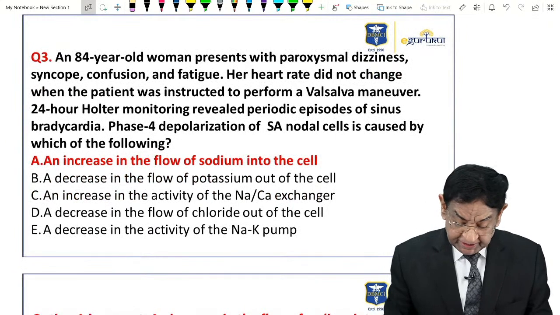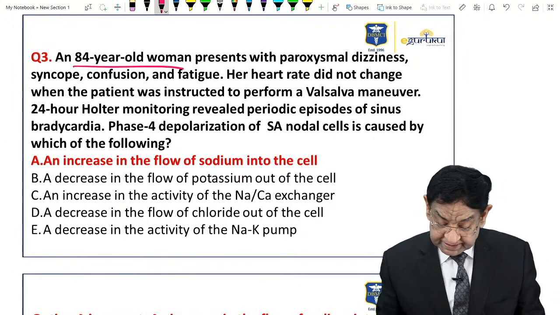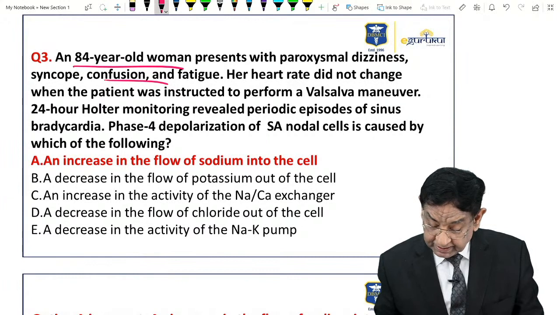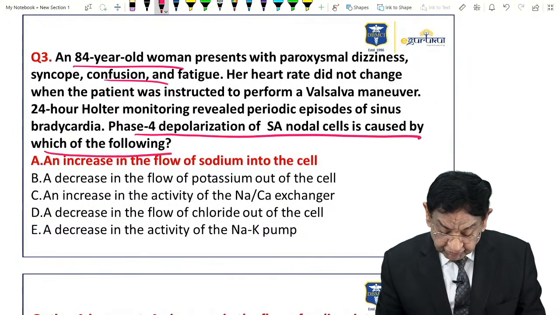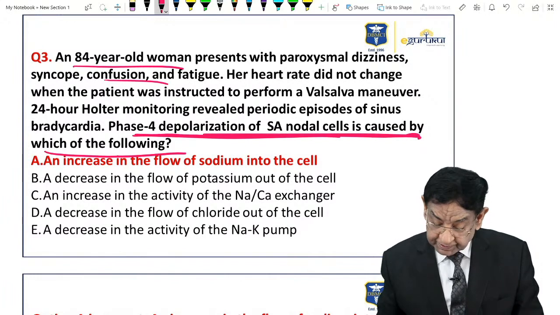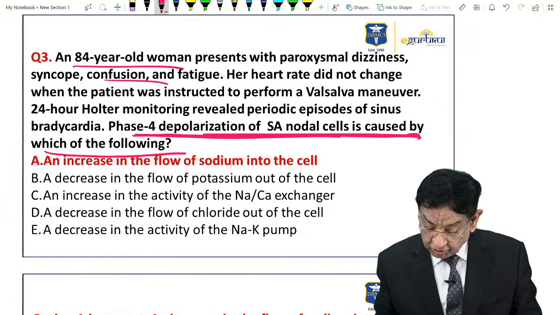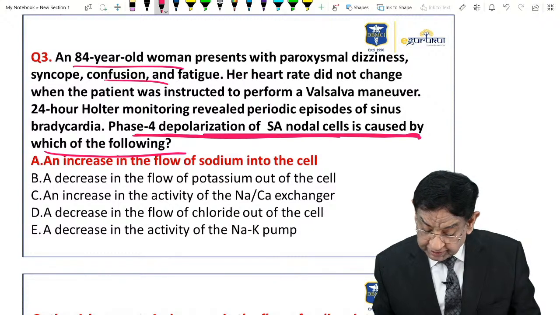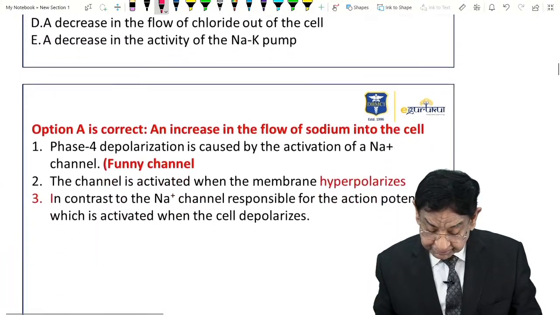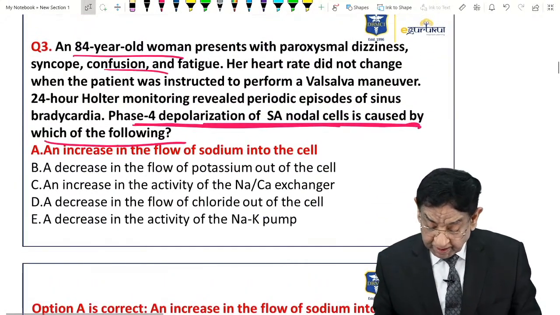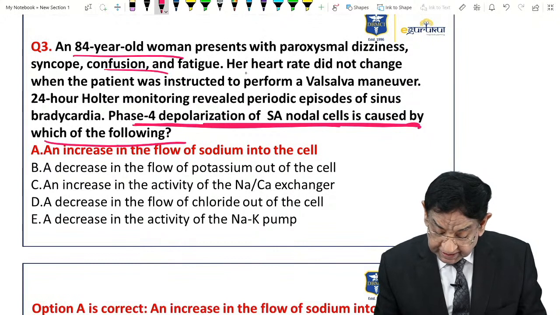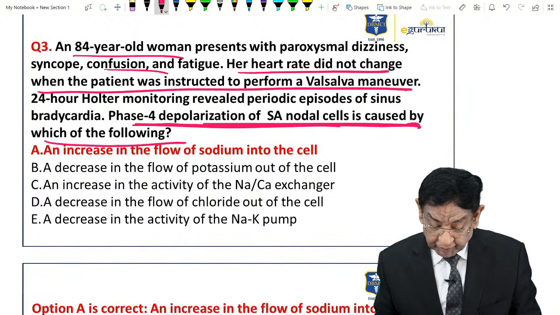We are getting an 84-year-old woman. She has confusion and dizziness. The question asks which of the following causes phase 4 depolarization? Her rate did not change when the patient was instructed to perform a Valsalva maneuver.